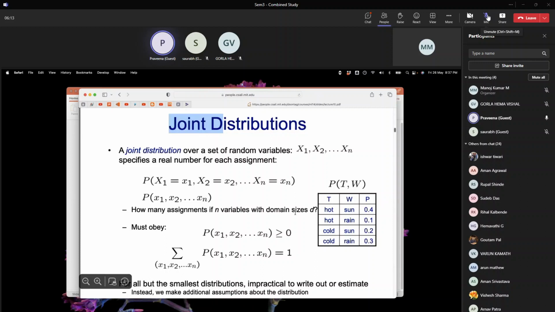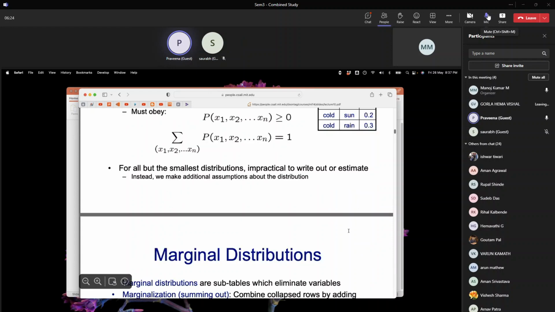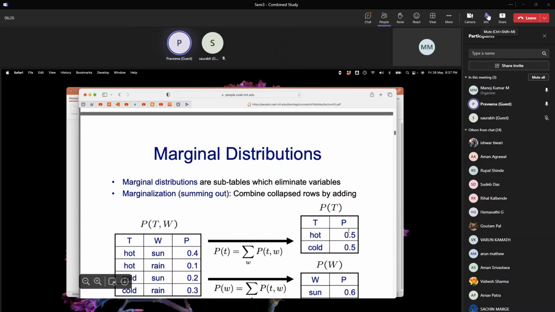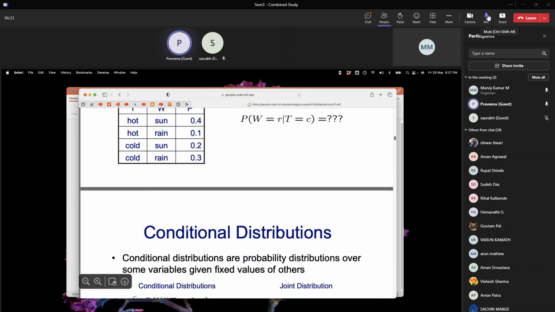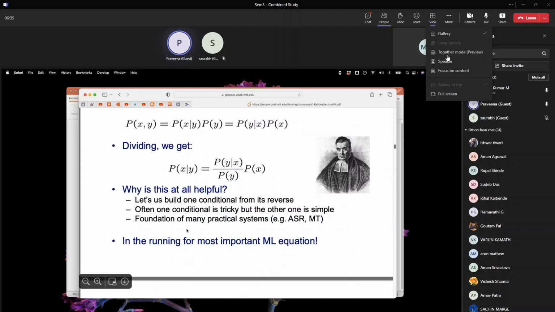So basically, when we had to write joint distributions, this is how we were writing. I'll not go into details of it, but we create a tabular structure where for each and every variable we will have a probability. I'm trying to find a good example.